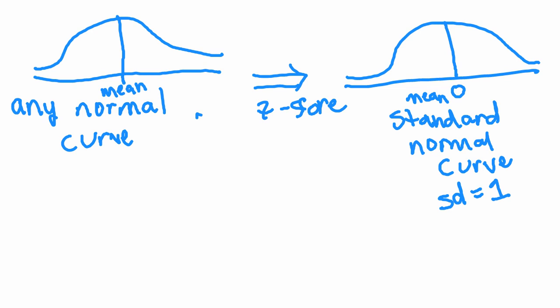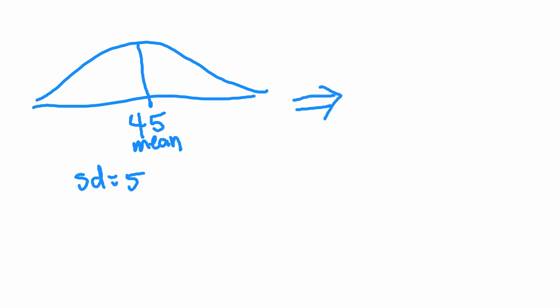So just briefly again, suppose your mean is 45 on a test, say it's a quiz, and your standard deviation is 5. Then we can take any score on here.